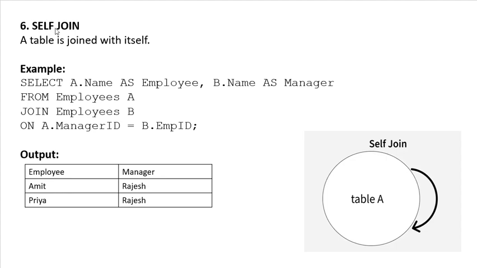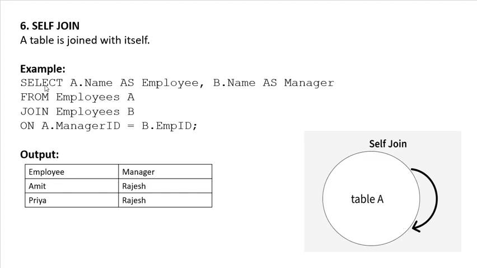And sixth is a self join. The table is joined with itself, as the image shows: table A is joined with itself.